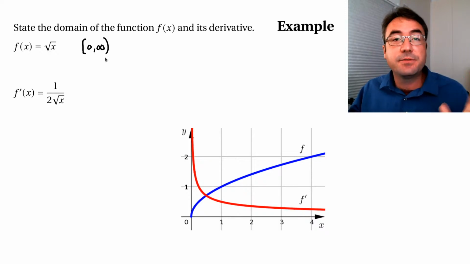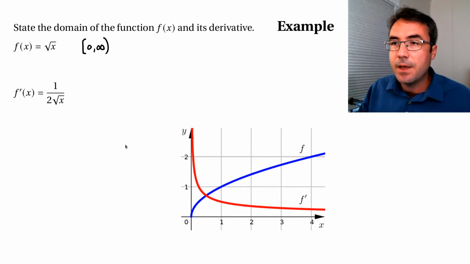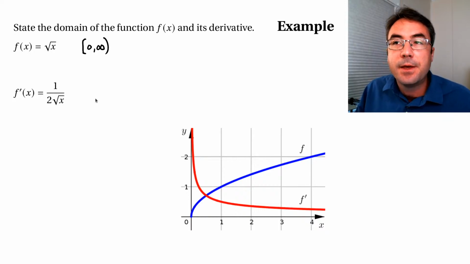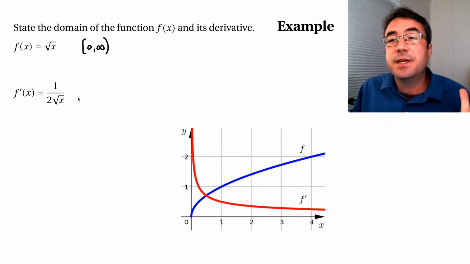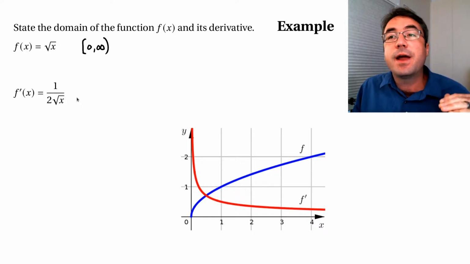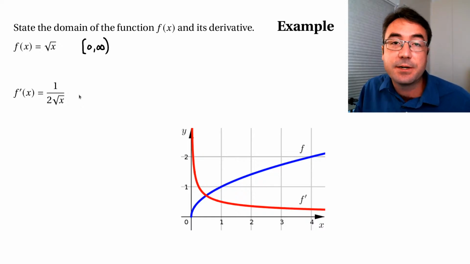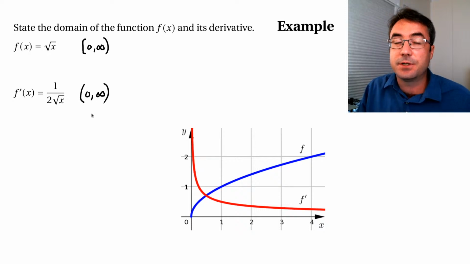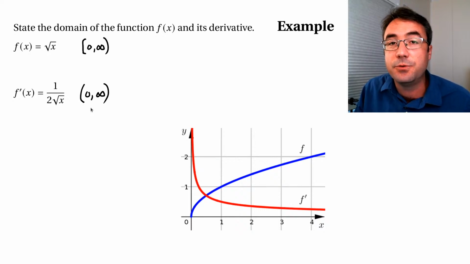We can plug positive numbers in, but we can't plug negative numbers in. Now when we look at this new function f prime, we see that it still has a square root, so we can't plug negatives in, but now we also have a fraction. So we have to be careful about division by 0, and we do have division by 0 at x equals 0. So we have to throw x equals 0 out of the domain of this new function.